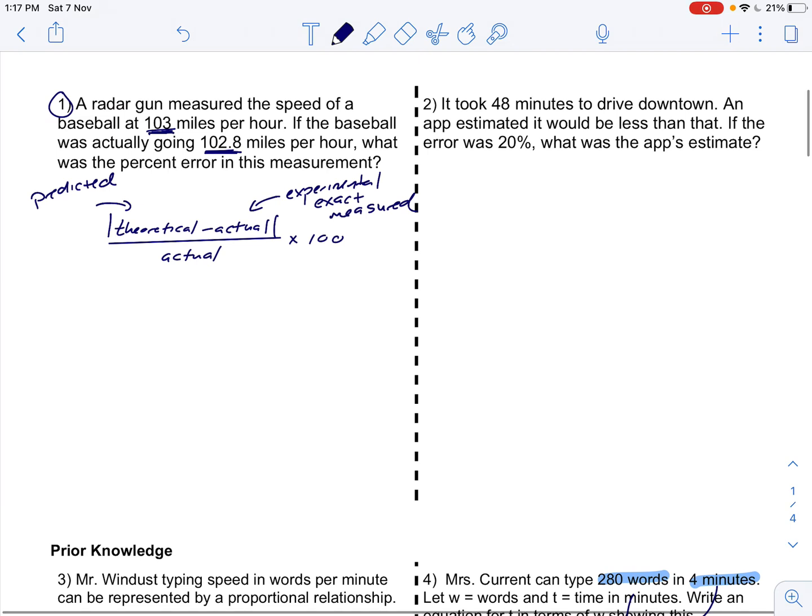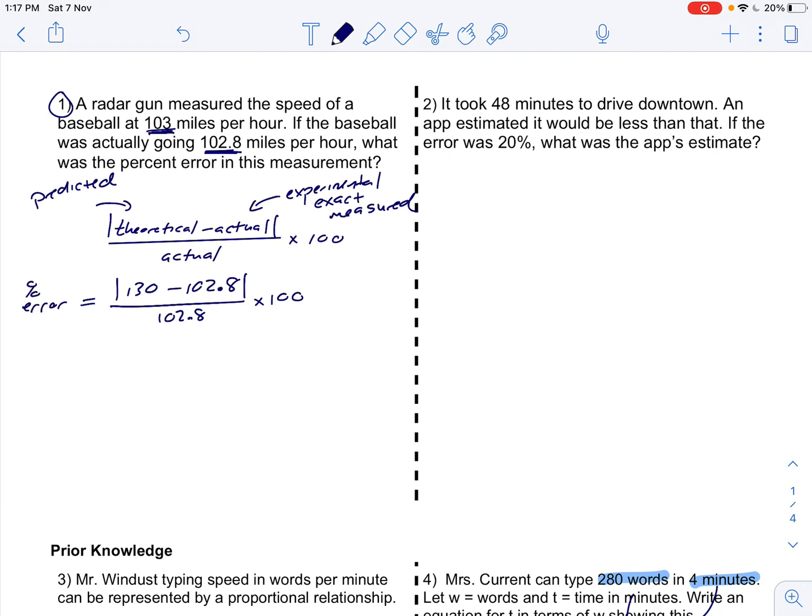So I'm going to take 103, the theoretical, minus 102.8, and we have absolute values around it because we're looking for the difference between these two numbers, but we don't care if it's positive or negative. I'm going to take that divided by the actual, which is 102.8. That gives me the decimal, but I have to multiply it by 100 in order to get the percent error.